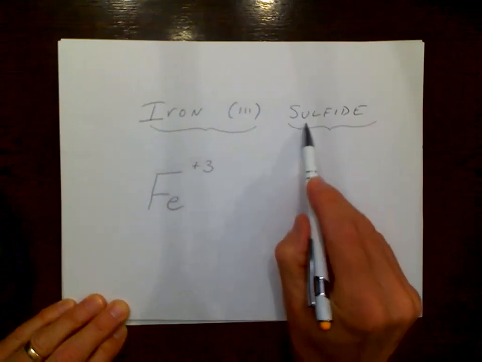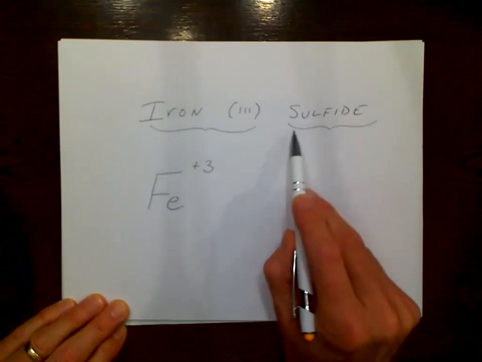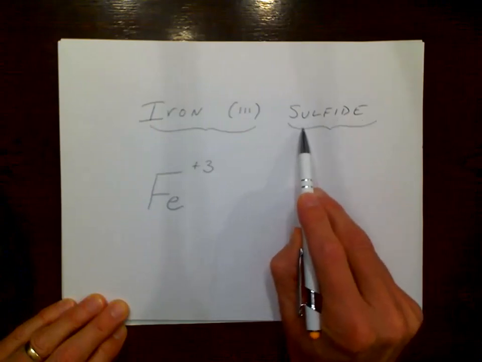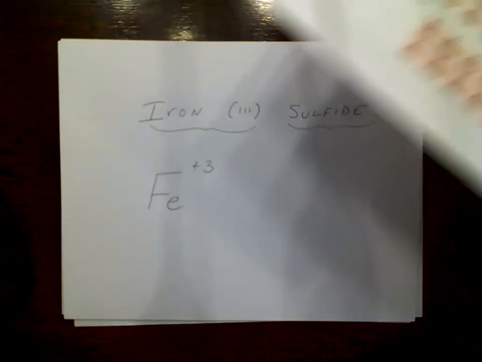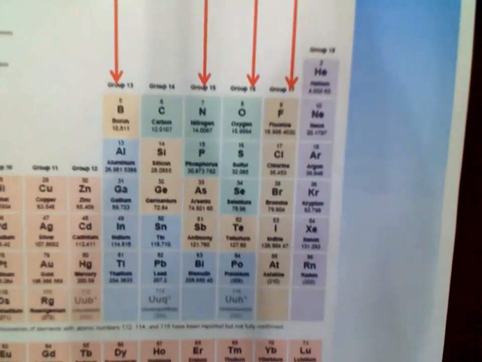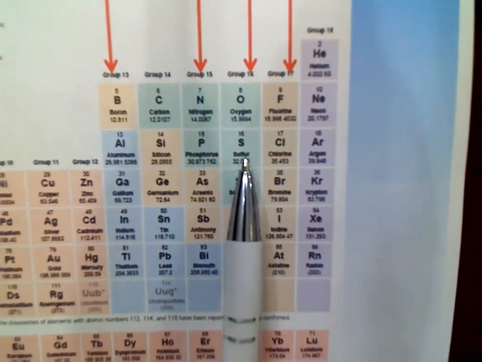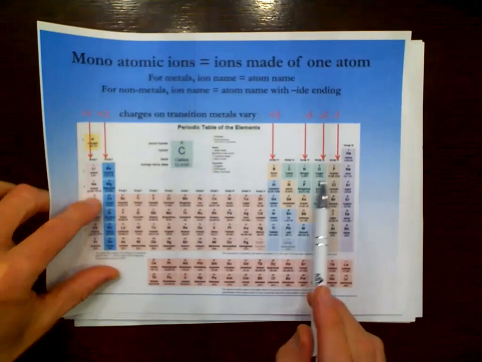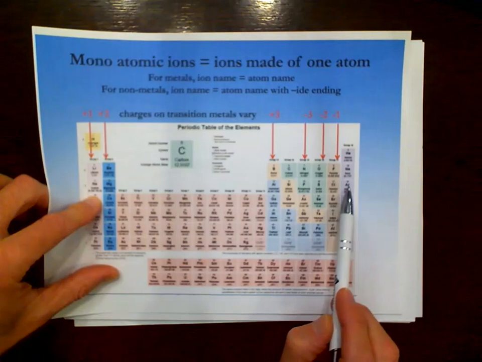And then the sulfide ion, that's just sulfur with an IDE ending. So this is going to be an ion that came from the sulfur atom. So to figure out its charge, we're going to look at the periodic table. We're going to find sulfur on the periodic table, which is right here. And keeping that in mind, we recognize that sulfur usually gains 2 electrons.